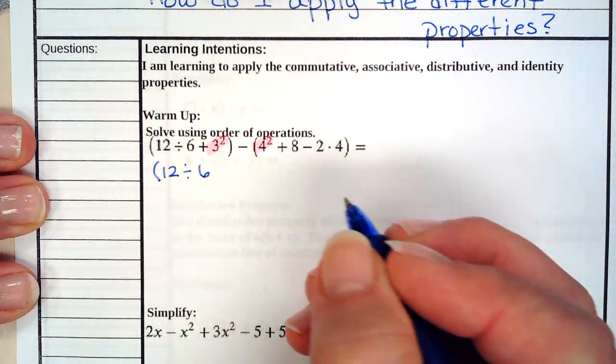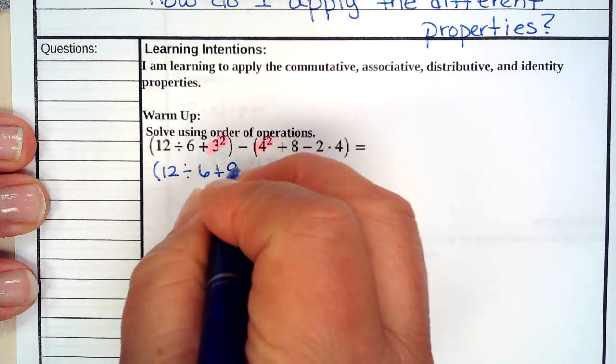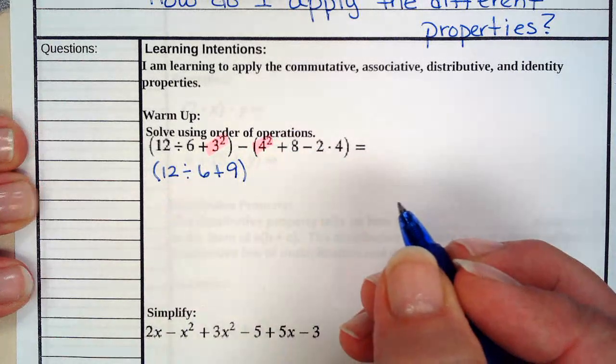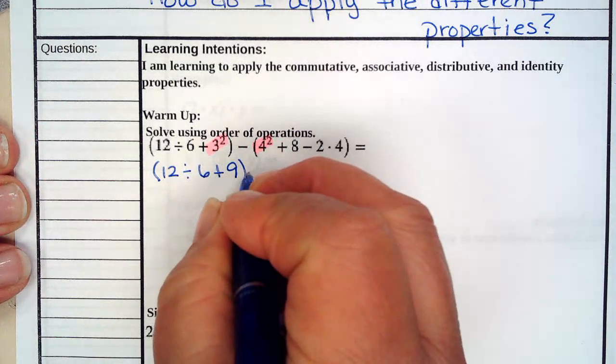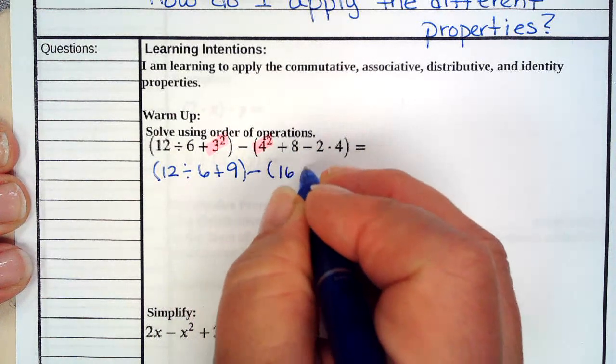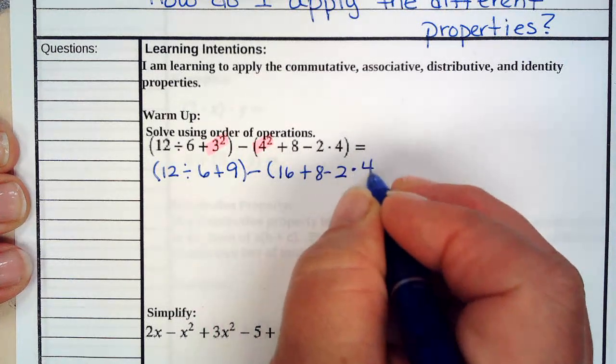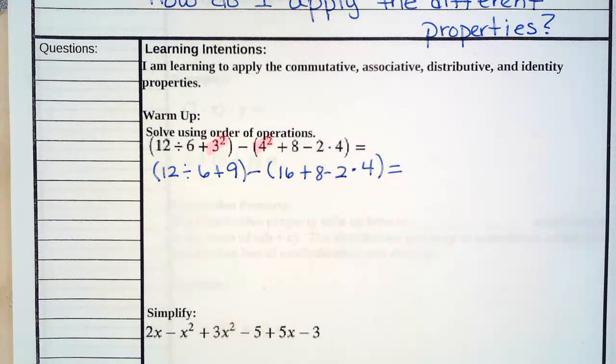12 divided by 6 does not change. Plus 3 squared is 9. Next set of parentheses, 4 squared, 16, plus 8 minus 2 times 4. Okay, I've done my exponents. What comes next? Multiplication or division.